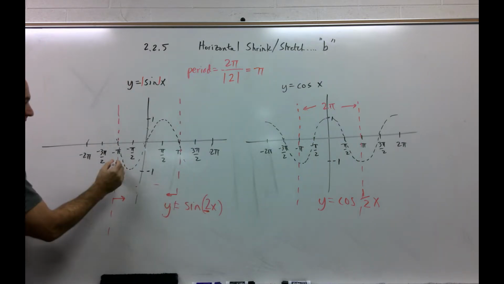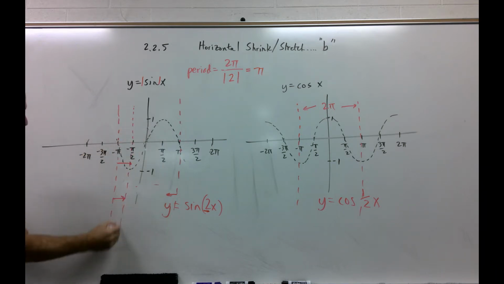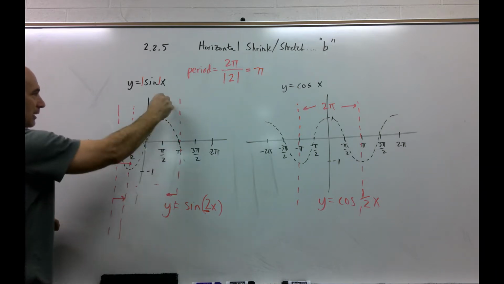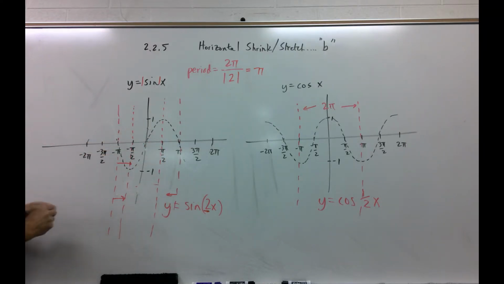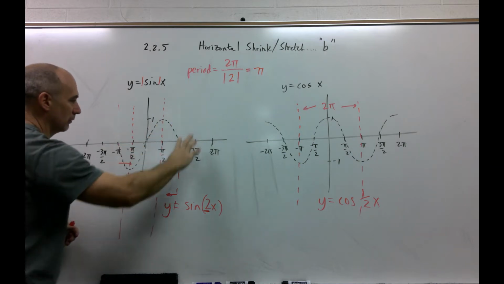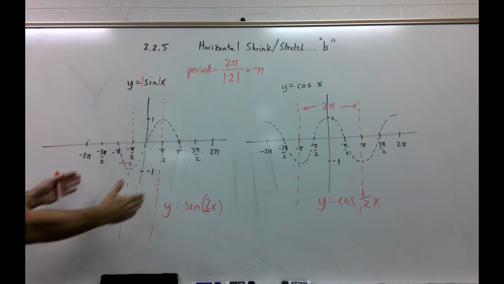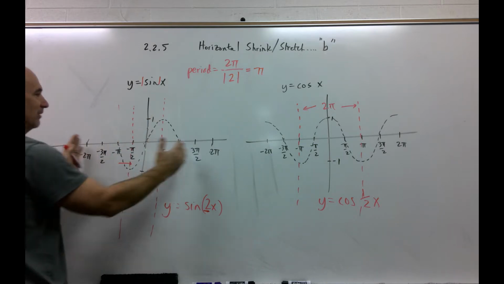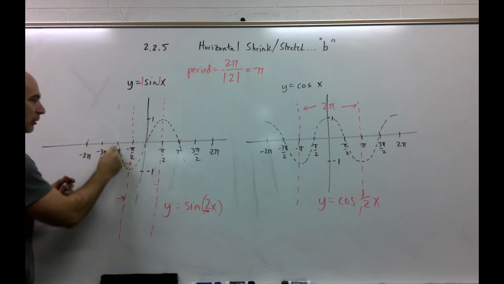So this wall has to come into here. I'm going to make this right here. This wall has to come in here, and here's where it might be slightly confusing. I'm going to get rid of the original wall just to avoid your brain trying to take in too much. This portion of the graph needs to be squeezed into these walls. So, you see that little loop-de-loop, that valley?